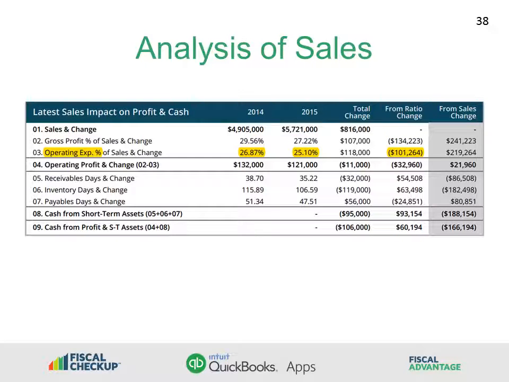On the other hand, operating expenses as a percentage of sales improved, contributing over $100,000 in profitability.